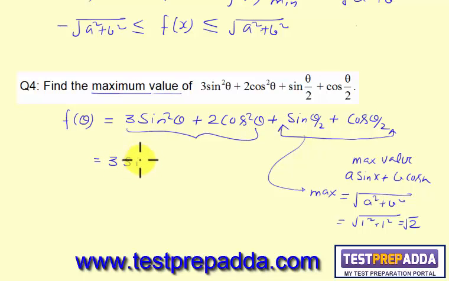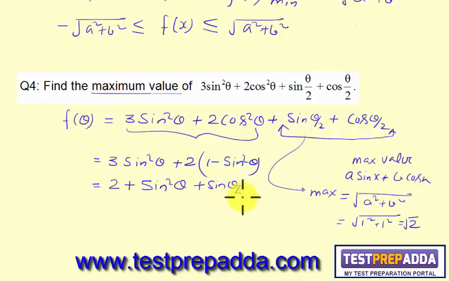3 sin square theta plus 2 cos square theta, I can write cos square theta as 1 minus sin square theta. Okay, so this becomes 3 sin square theta minus 2 sin square theta. That will get subtracted, and this way at the end you will get 2 plus sin square theta. Okay, plus the remaining part you can copy, sin theta by 2 plus cos theta by 2.